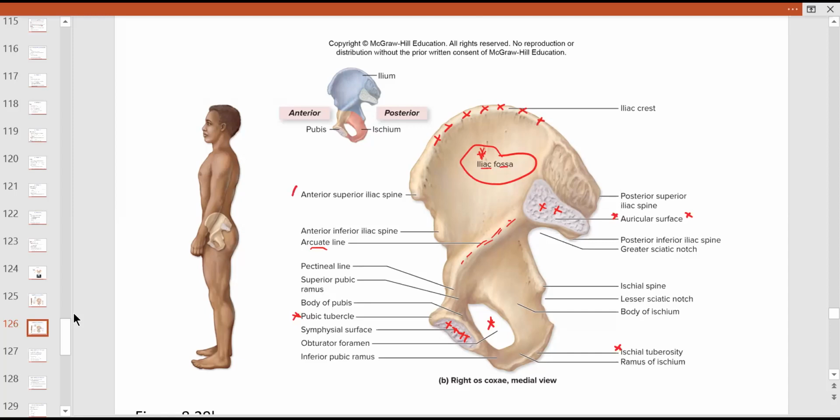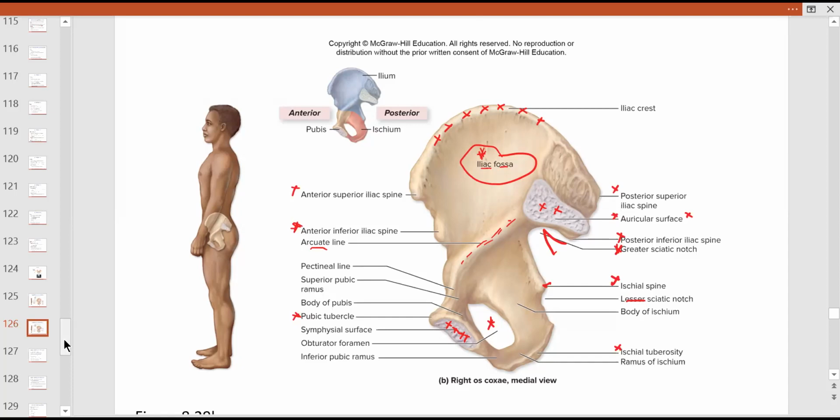So again, the superior and anterior iliac spines, posterior superior and inferior iliac spines, and the greater sciatic notch, yes. Ischial spine, yes. Here's the lesser sciatic notch. Probably won't ask that. So everything that's starred on this page is good.